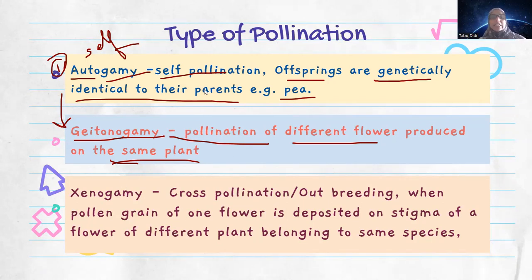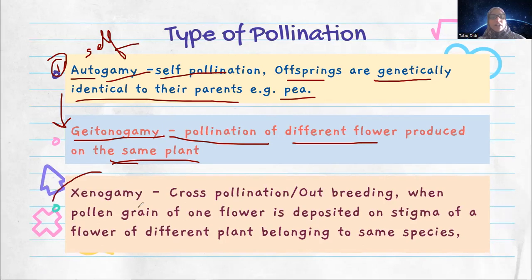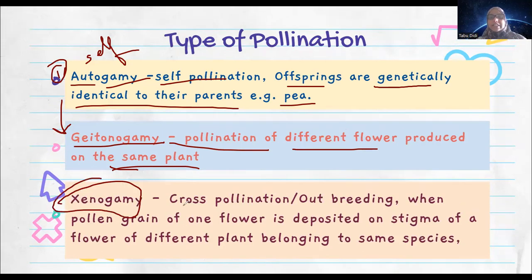And lastly, xenogamy is the next type of pollination, which is cross pollination. Sometimes we also call it outbreeding. This is when pollen grain gets transferred from one flower to another flower of another plant. Sometimes this might be of the same species or different species also.